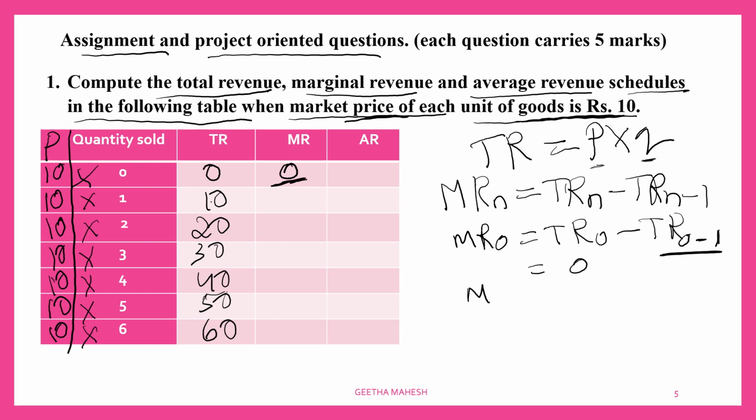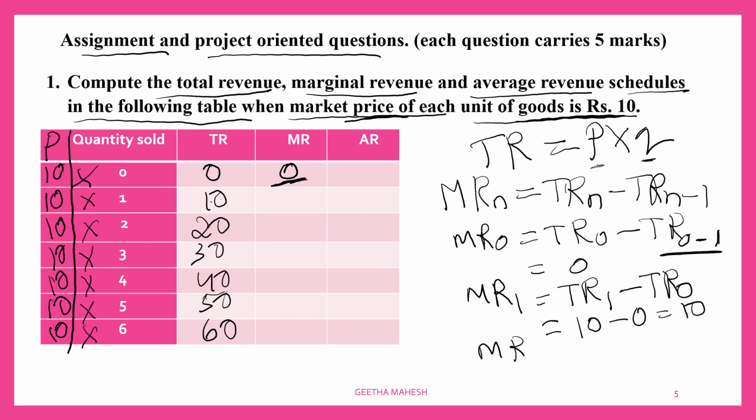Then marginal revenue 1 is equal to total revenue 1 minus total revenue 0. Previous total revenue you need to consider. This equals 10 minus 0 is equal to 10. Similar way you can calculate for the second one. Total revenue of second unit minus total revenue of first unit.